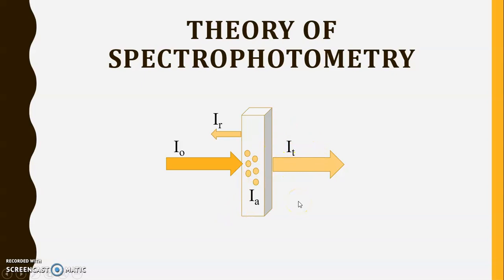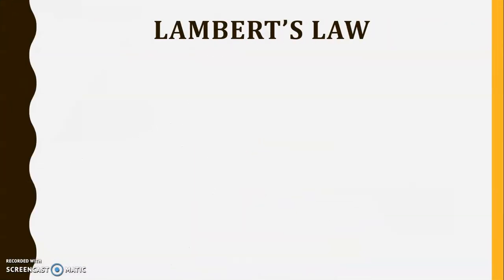Generally this theory is used in all spectrophotometers, where the amount of light falling on the sample or the amount of light transmitted by your sample is measured. So the first law explaining these relations is Lambert's law. So first we will discuss Lambert's law.